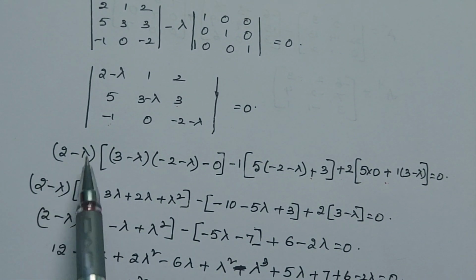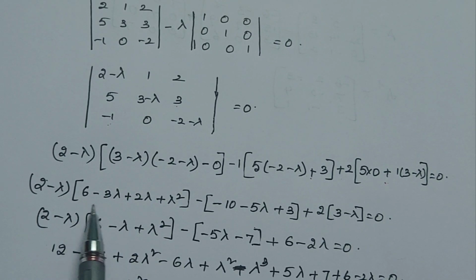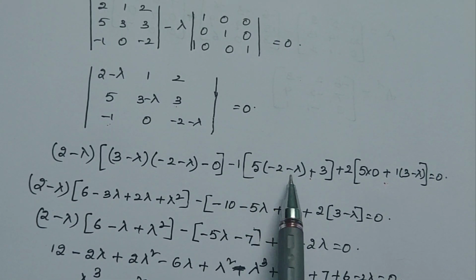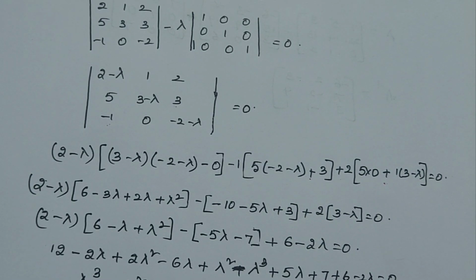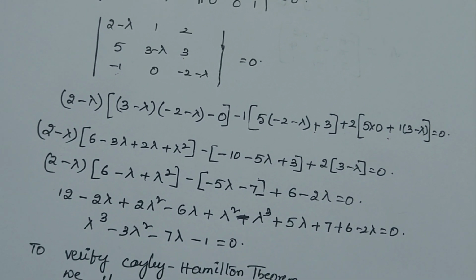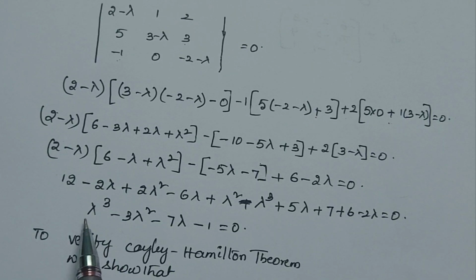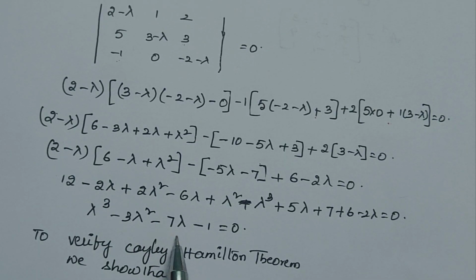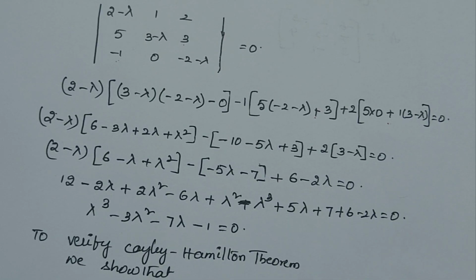Now multiplying the terms out, after multiplying this whole thing, we will get lambda cube minus 3 lambda square minus 7 lambda minus 1 equal to 0.